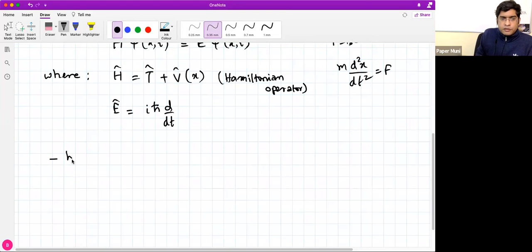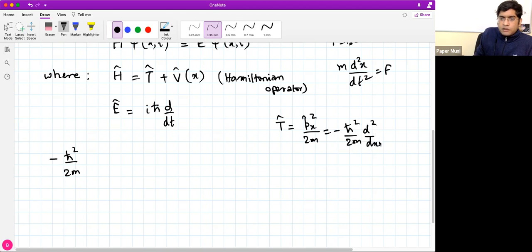So minus h cut square by 2m. If I expand this, the kinetic energy operator is Px square by 2m, so this is minus h cut square by 2m times the double derivative with respect to x.